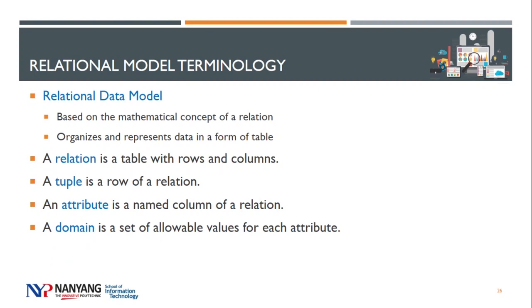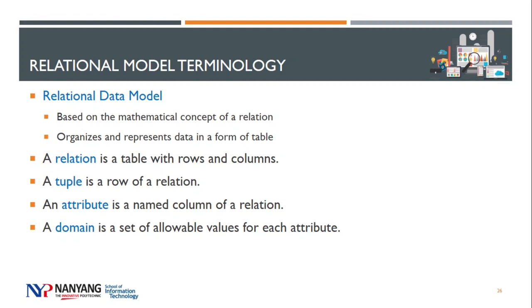Next, let's talk about relational model terminology. So what is a relational data model? A relational data model is based on the mathematical concept of a relation. It organizes and represents data in the form of a table.